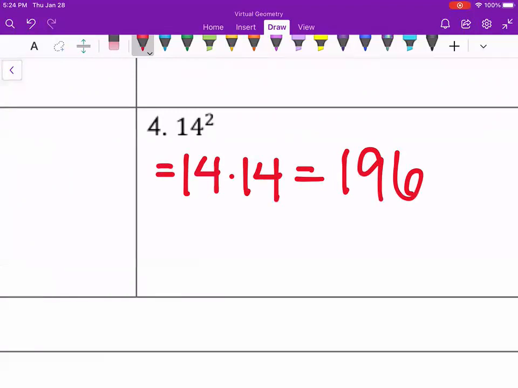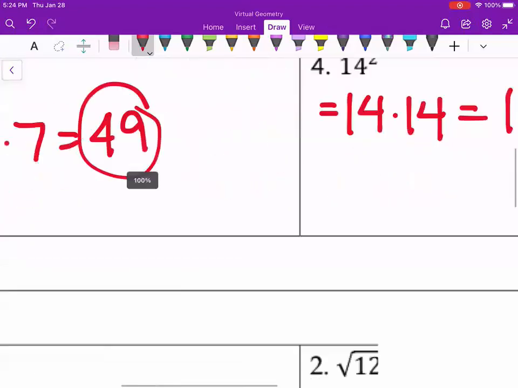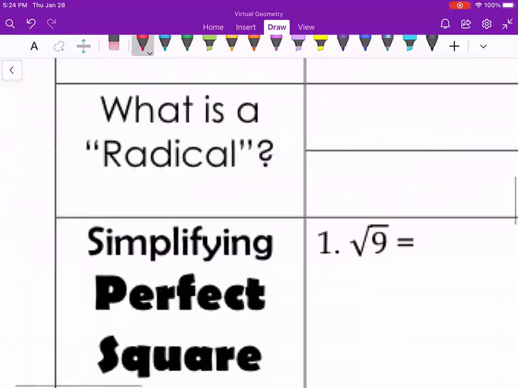Now, to undo these exponents, the opposite of the exponent of 2, the squared, is the square root. But more specifically, we call that a radical sign. That symbol is called the radical.